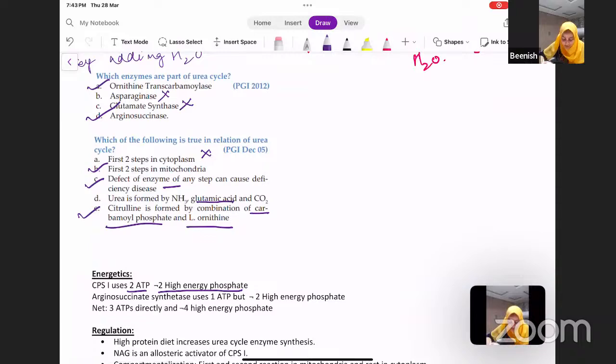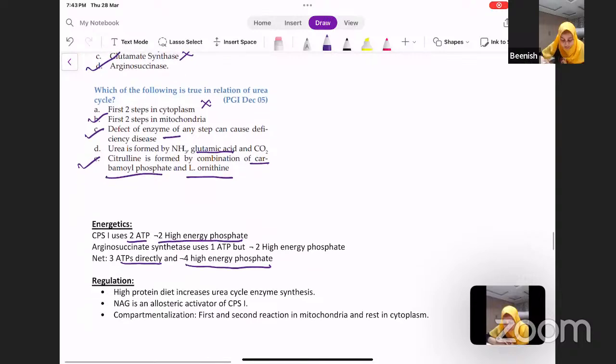Whereas argininosuccinate synthetase was using 1 ATP, but that 1 ATP was changing into AMP, so it is equivalent to 2 high energy phosphates. So you see 3 ATPs are being used directly, but 4 high energy phosphates are being used.